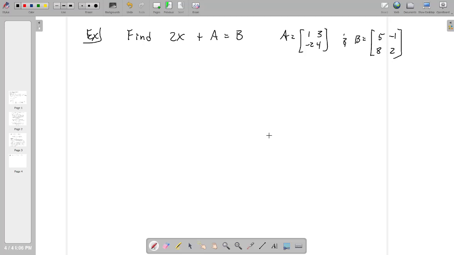We'd basically solve it the same way we would solve anything. We're looking for a matrix X, and we have two knowns, A and B here. We just need to solve for X, like normal. So here, we would subtract A, so 2 times X is equal to B minus A. And we know what B and A are, so we can figure out what B minus A is. So let's figure that out first, and then we'll deal with this too. B minus A, we would have 5 minus 1, which is 4.